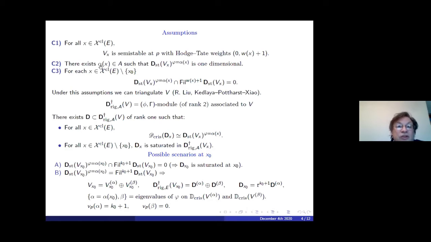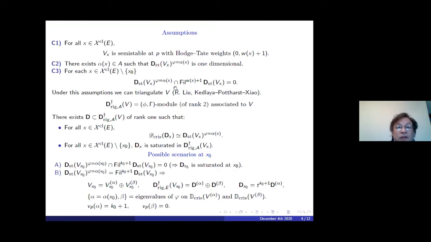So there exists some function F of x such that the semi-stable module of V at x has a phi eigenspace with respect to the action of Frobenius, and that this eigenspace is in general position with respect to the Hodge filtration on the semi-stable module.